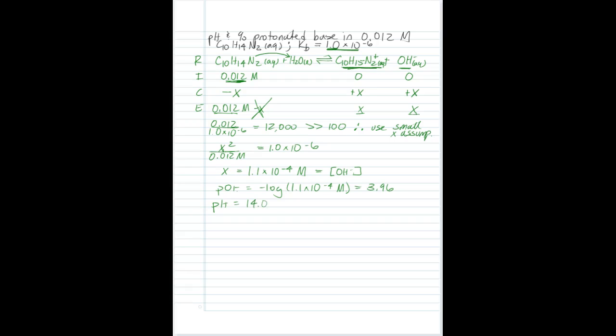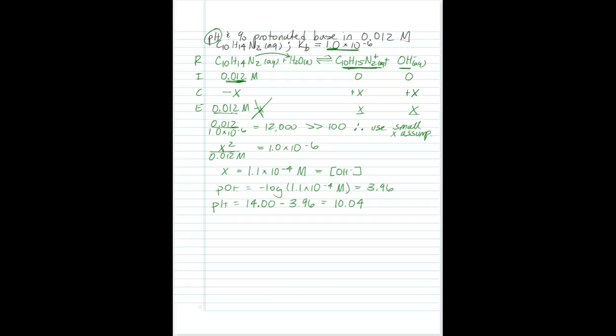We'll give it 2 decimal places, that's the convention. Okay, and so the pH is 10.04. Now that makes sense because we know that this nicotine is acting as a base, so you're going to have a relatively high pH, which is what we have. Okay, so that answers this question: what is the pH of the solution?